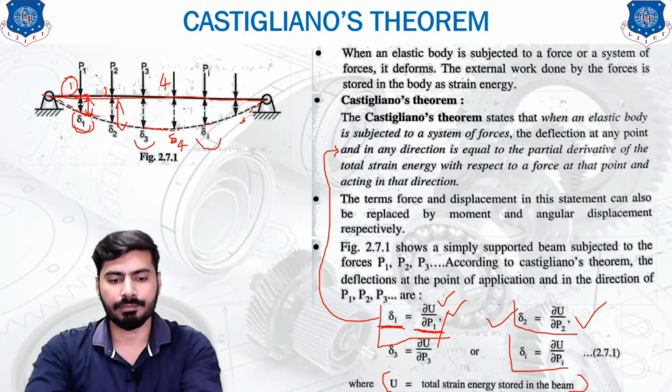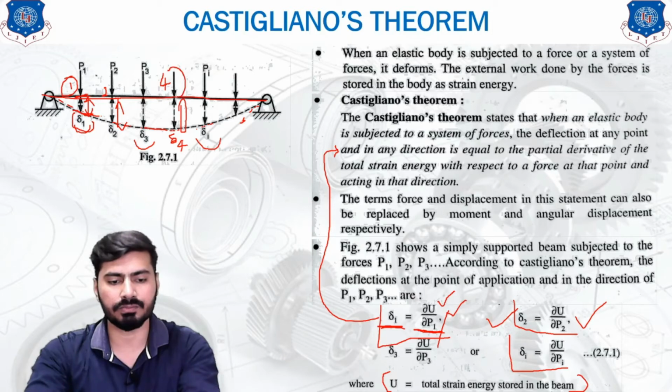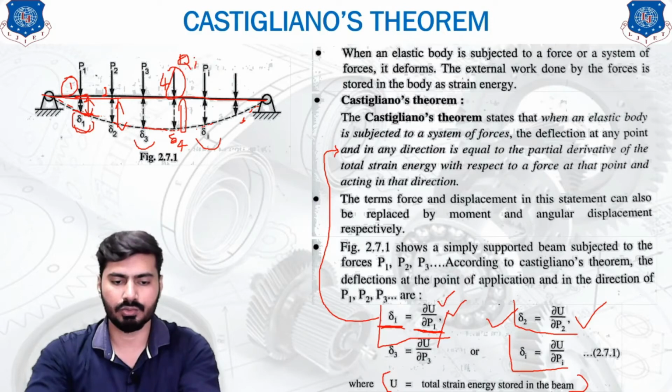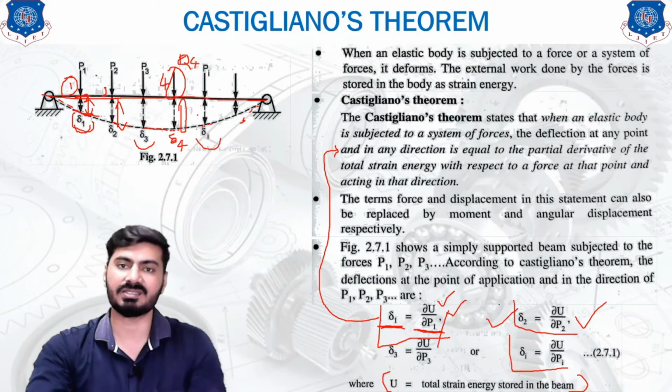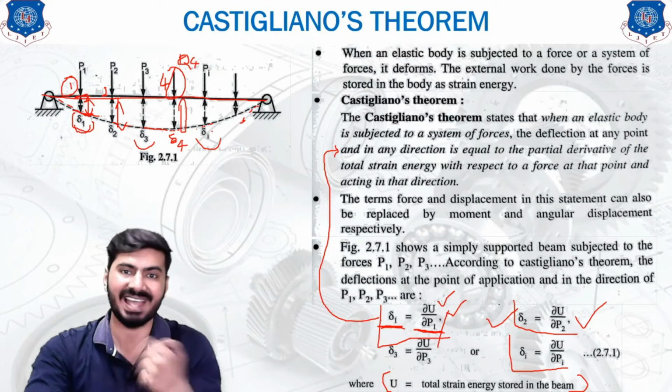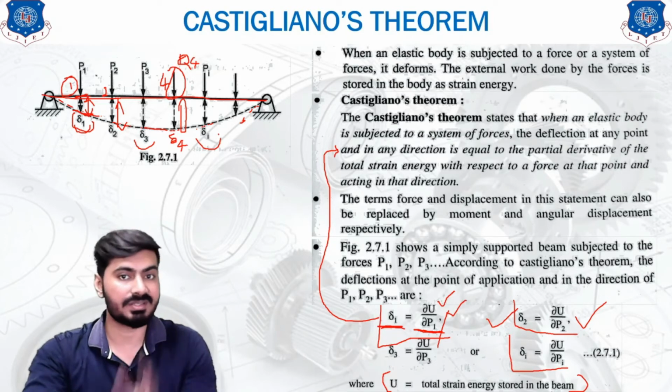So if you want to calculate this deflection, you will have to assume that one force is also applied here, and let's say from our assumption that this force is Q4. We are assuming that one force is applied from the external side, but this is our assumption.